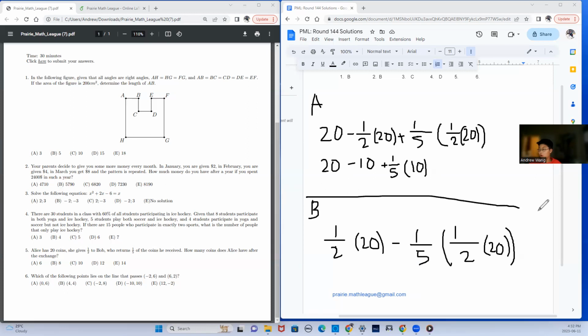So 20 minus 10 plus a fifth of 10, which is 2. And that equals 12, because 20 minus 10 plus 2 is 12. And that's the amount of money Alice has left over. So the answer to number 5 is D.